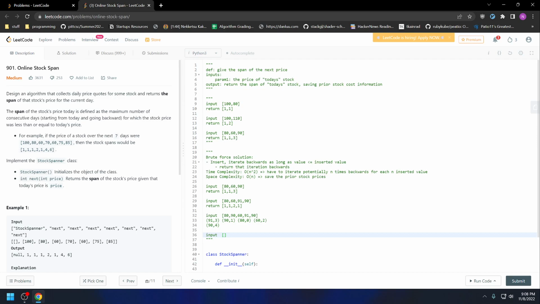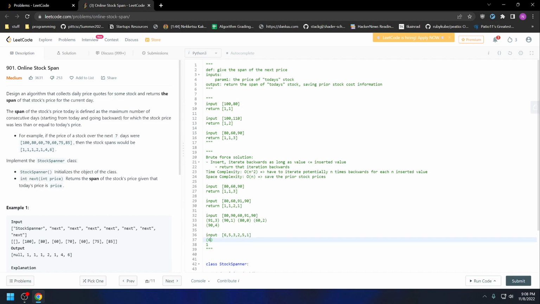Okay, let's think of a weird example. What if I have 5, 3, 2, 5, 6, and then I insert a 1. What if I put 6 here, right?